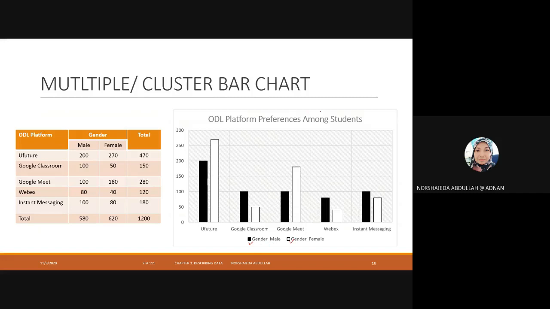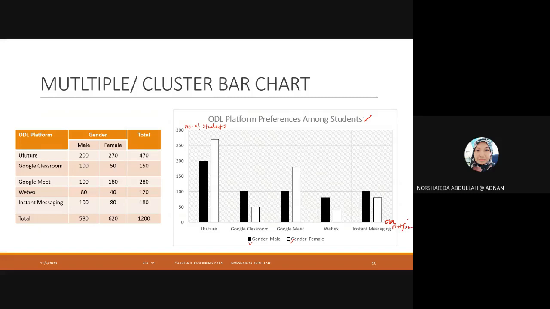Okay, and lagi satu mesti ada the title and label the axis here. Okay, so Y ni is number of students. Okay, and X ni is the ODL platform.